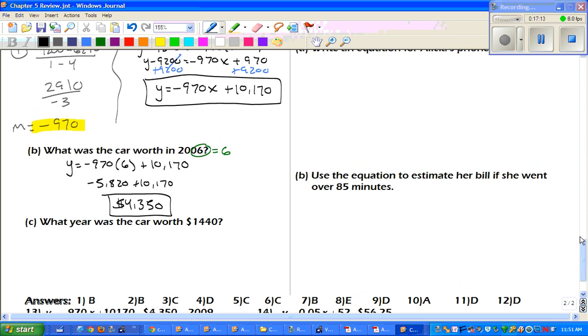All right, C. What year was the car worth $144? Okay, this right here is giving us the total, so that is the y. Now we're doing pretty much the exact opposite. We're solving for x.